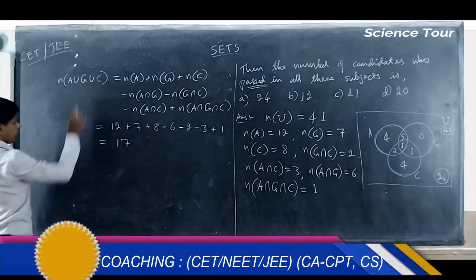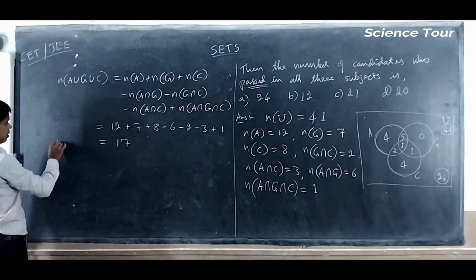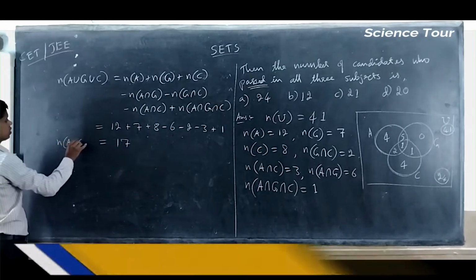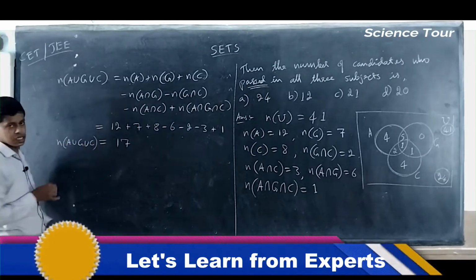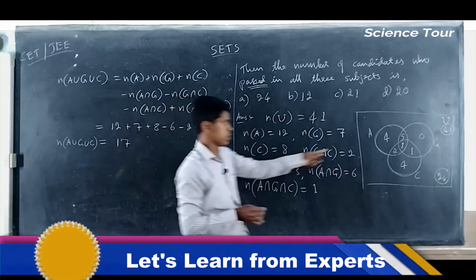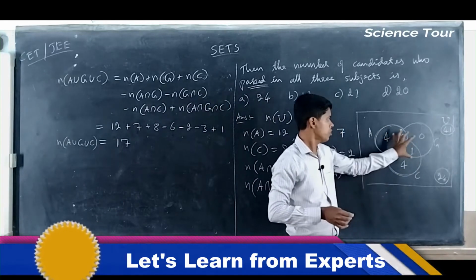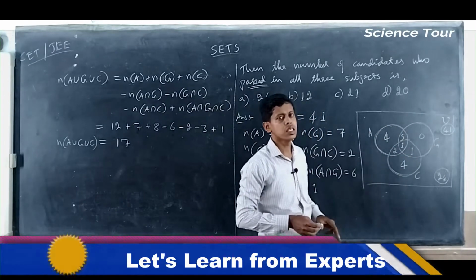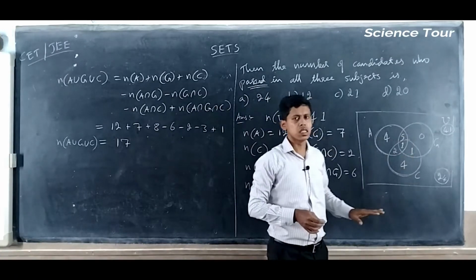Well, now this is n of A union G union C. When we added all these numbers, we got 17. That is the region enclosed by these three circles.